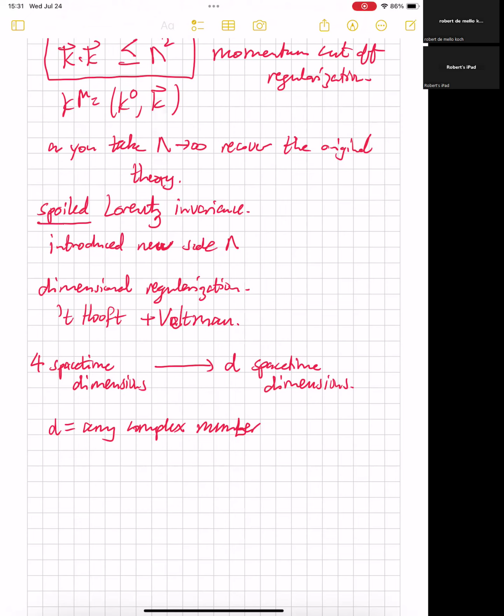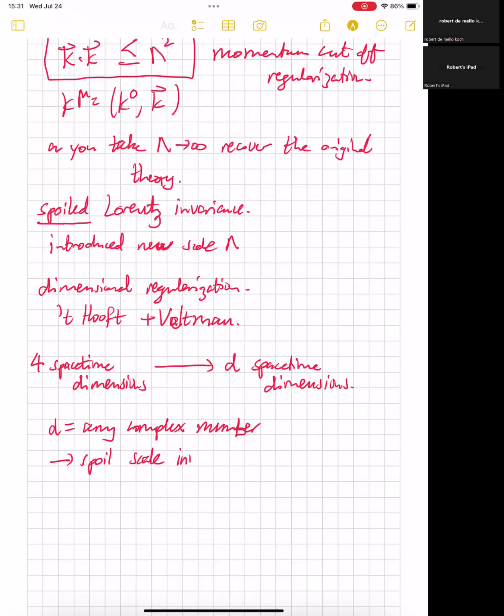So we are going to define our theory in d dimensions, do our renormalization, so use our renormalization conditions. Once we've expressed everything in terms of the physical mass and the physical coupling, then we'll be able to come back to 4 dimensions, d equal to 4, and the infinities won't give us any problems. The only symmetry that we will spoil is scale invariance.